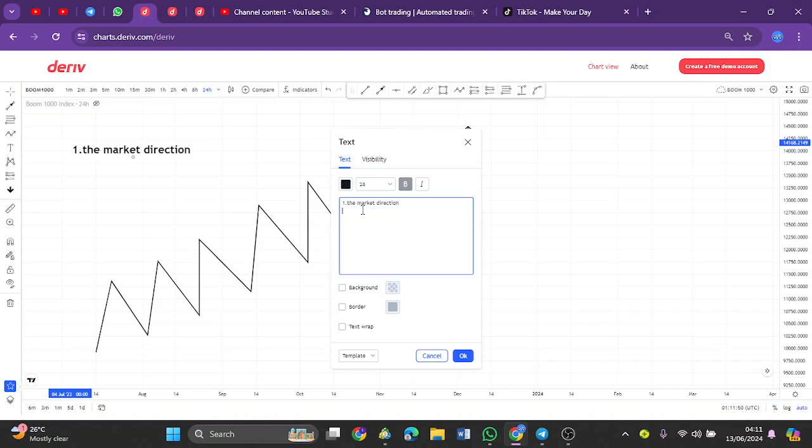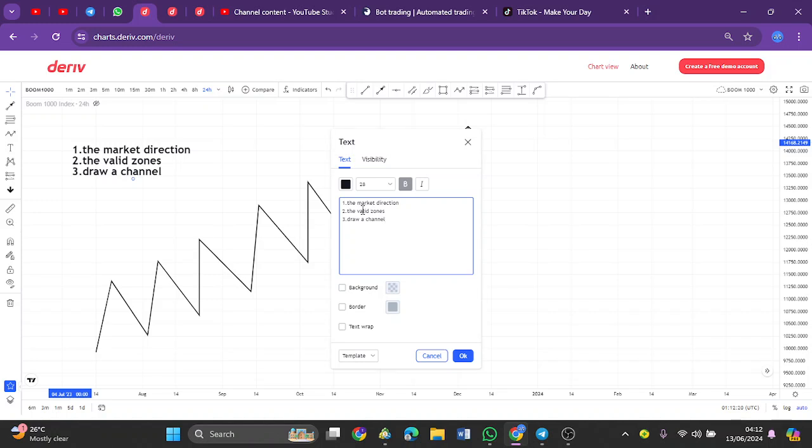Number two, you should be able to tell valid zones. Number three, you should be able to draw a channel that the market follows.